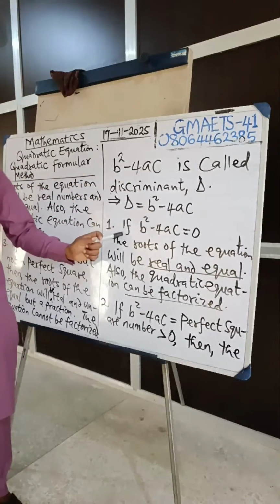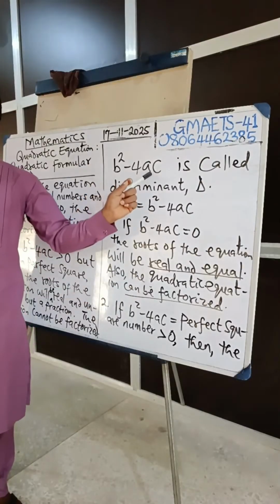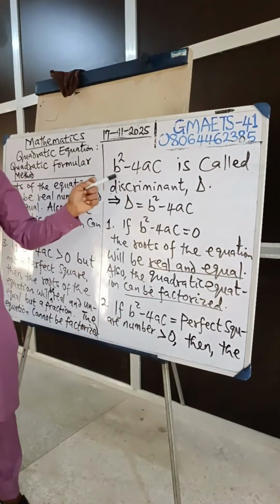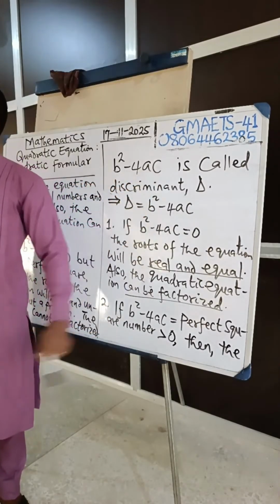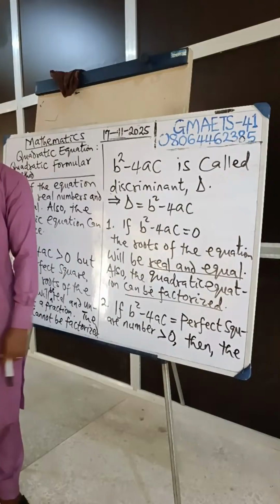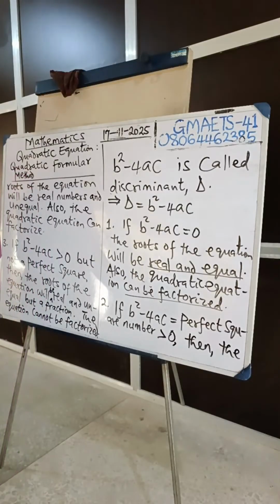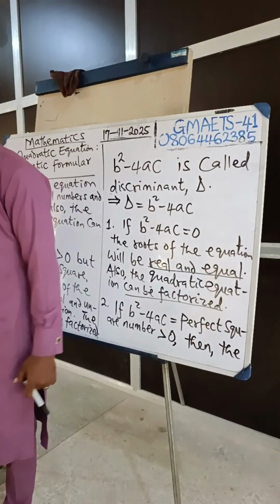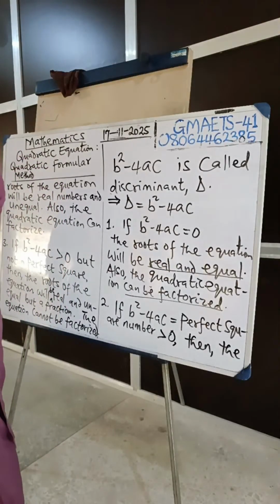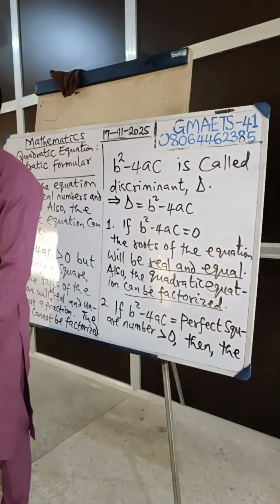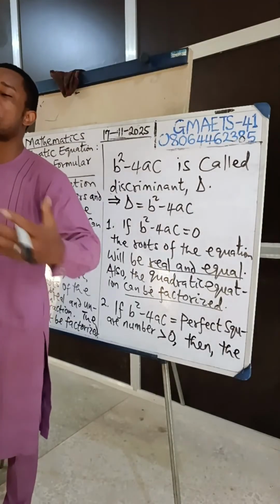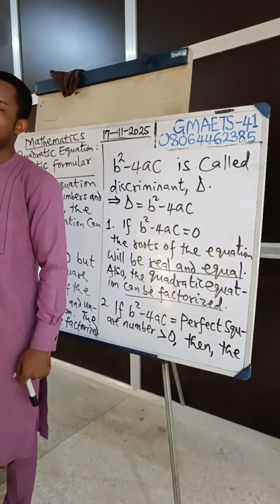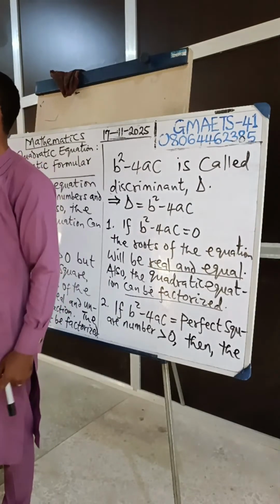If it meets condition number one, that is, it gives you 0, or it meets condition number two, that is, the discriminant gives you a perfect square, then you know that the equation can factorize. And once a quadratic equation can factorize, the best thing to do is to factorize, except you are forced to use a particular method. However, my dear students, in a real exam situation, you don't need that.